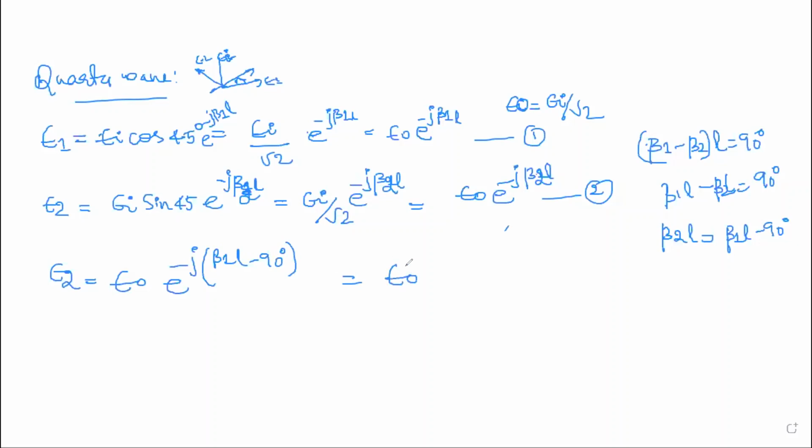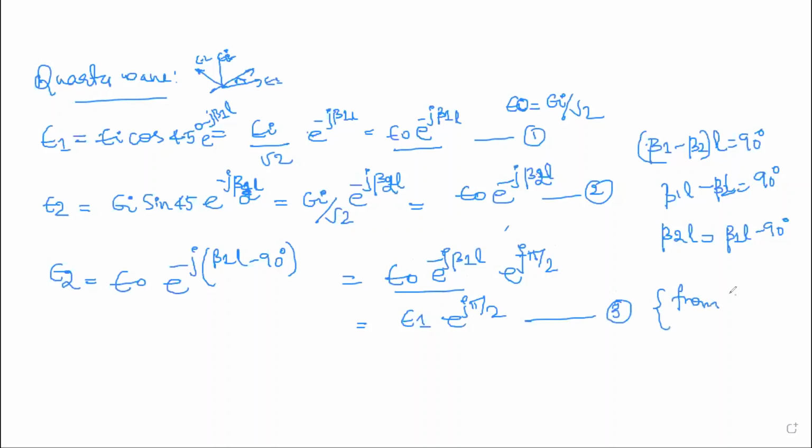So this is E naught e to the power minus j beta 1L e to the power minus j 90 degrees, pi by 2. This term we know it is equal to this term, which means I can write it as E1 e to the power j pi by 2. So this equation you can take it as 3.